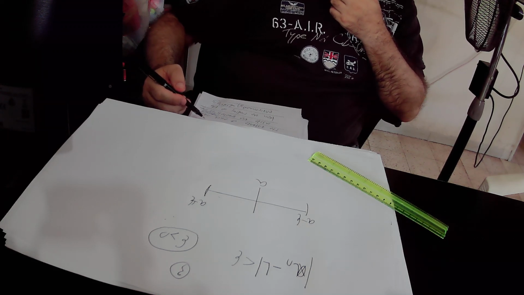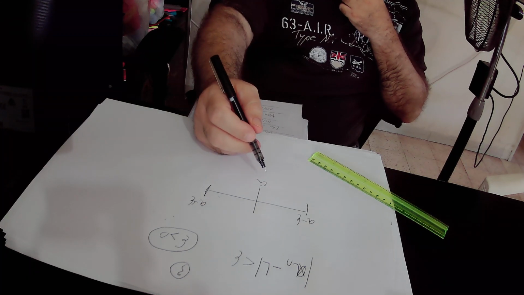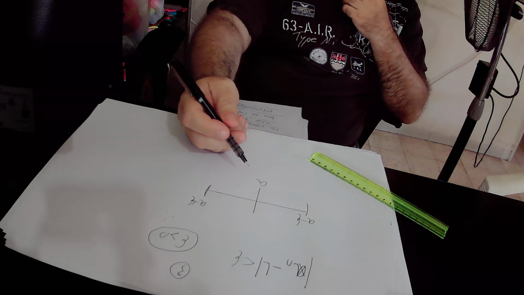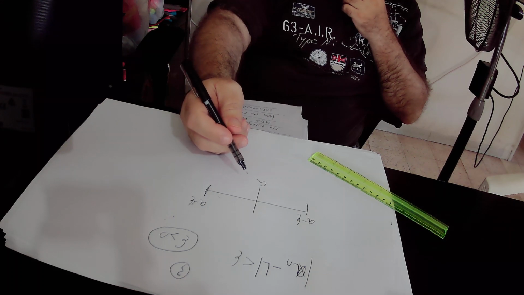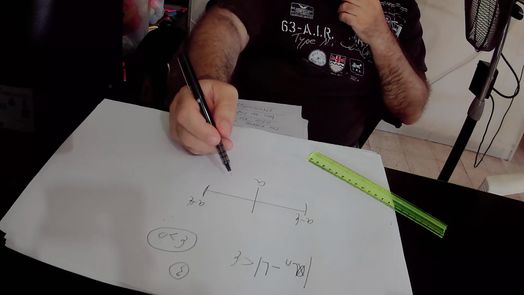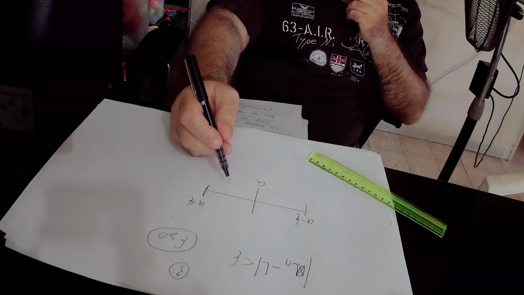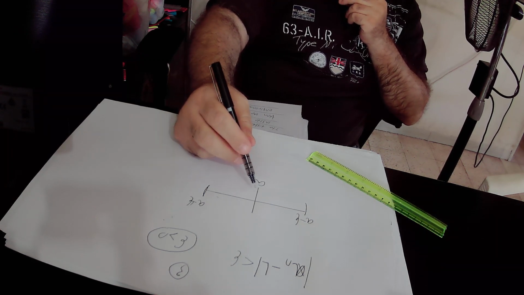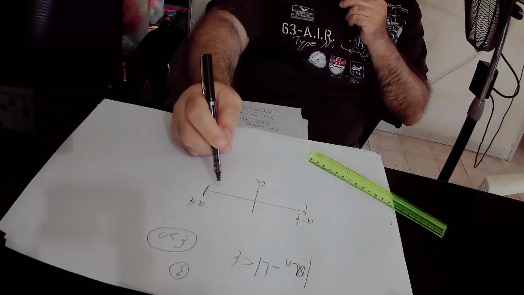So you can see that the distance of each member of the sequence that is inside the brackets is less than epsilon. Okay?